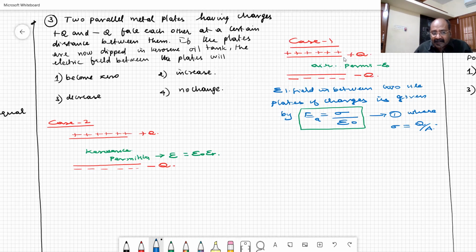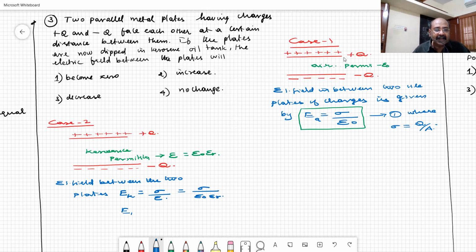The electrical field between the two plates is now E of K, which is equal to sigma divided by epsilon, but epsilon is equal to epsilon 0 into epsilon r. So I can write sigma divided by epsilon 0 into epsilon r.